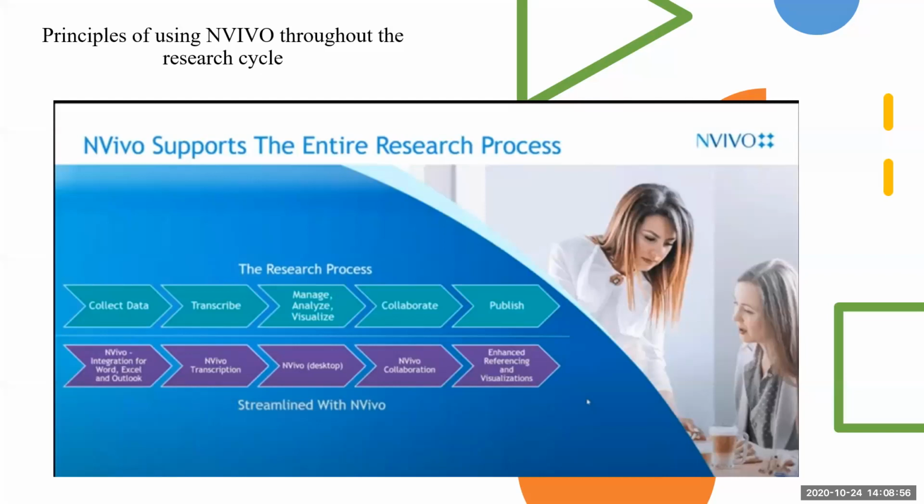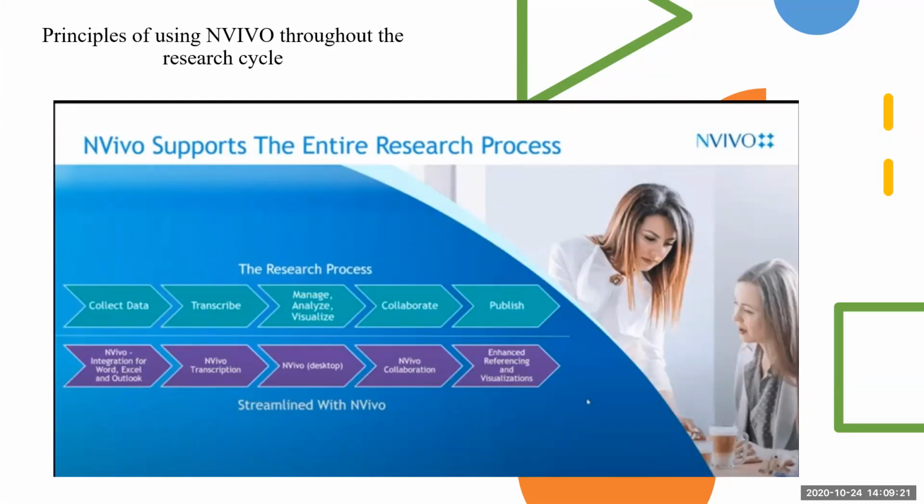For example, the new NVivo gives us an extension that, if we download it, we will have the NVivo logo in Microsoft Office applications. So directly we can integrate with Excel, Word, and also Outlook. This can be downloaded from Microsoft apps or something.